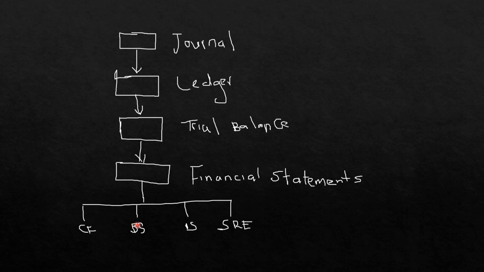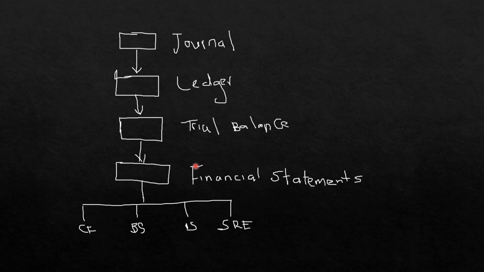So we'll be looking at these one by one, but for now, let's look at journal entries up to financial statements. We'll go into detail and show you how to extract these financial statements. But what I want you to understand for now is how to record entries at the initial stage, how to do ledger accounts, and how to extract a trial balance.